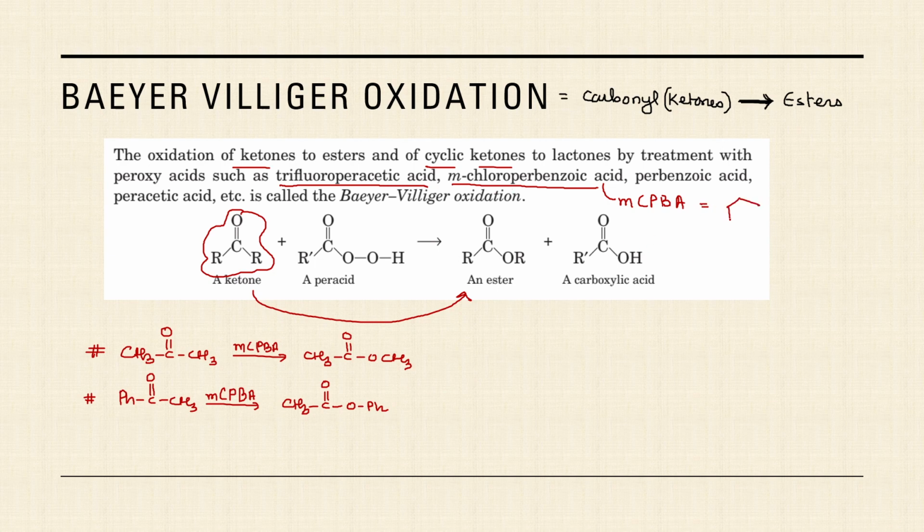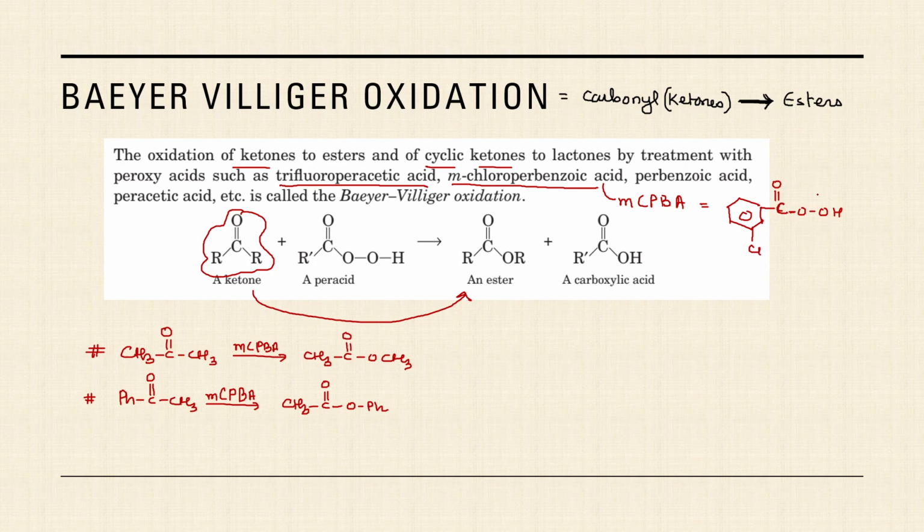metachloroperoxybenzoic acid, the structure is like this: COOH, and this is, sorry, there must be more oxygens, so you should be having 3 oxygen at the carbon atom. Okay, this is metachloroperoxy.